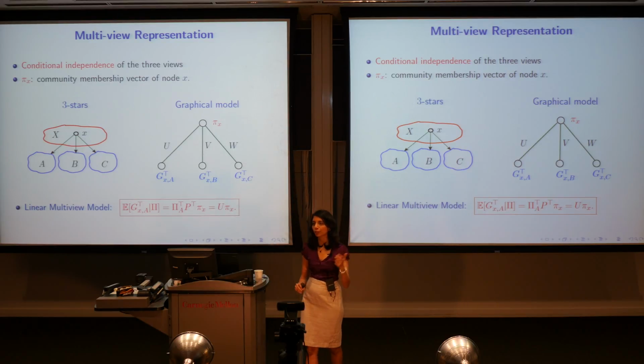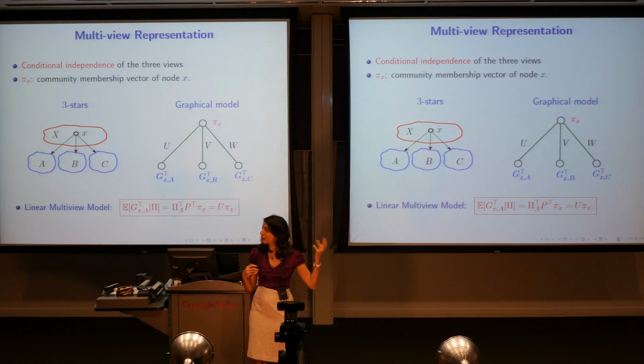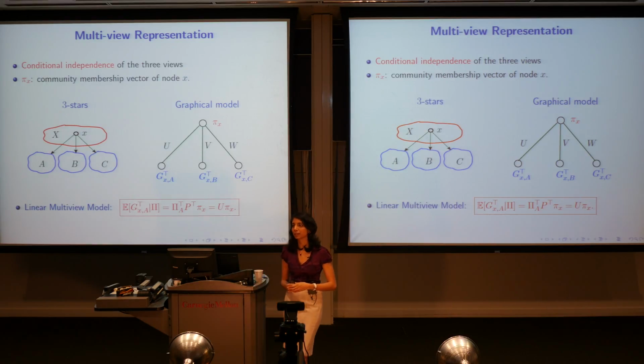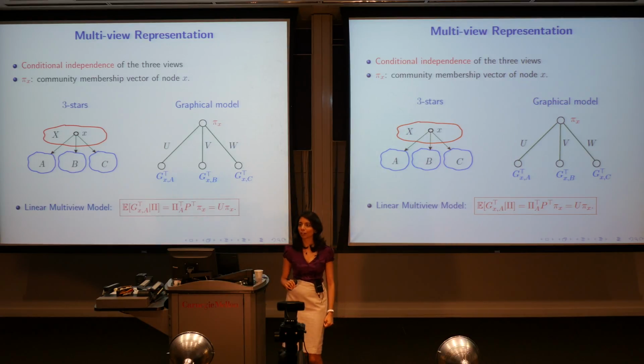So there is a way to exploit these conditional independence relationships to reduce them to this multi-view model. And that is the key point to obtaining this tensor form. But indeed, there are a lot more details, and I haven't even shown all of them.